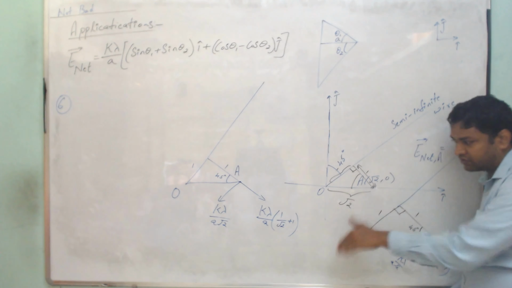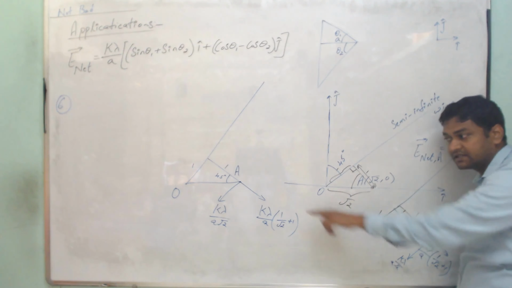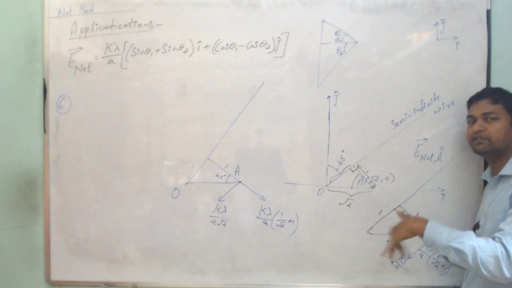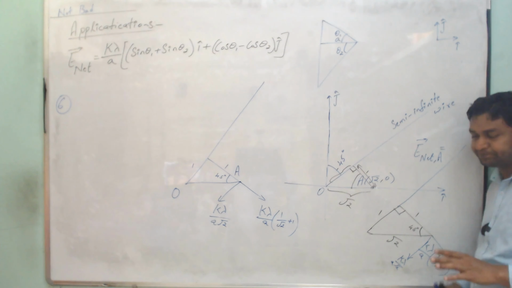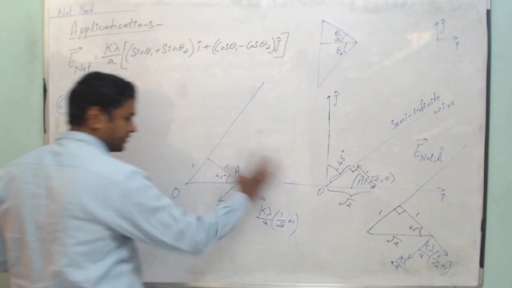And parallel to the wire, in that direction, away from the larger side, is K lambda by A root 2. If I remember these two, I will then newly figure out my I caps and J caps. Now, did you understand this figure?